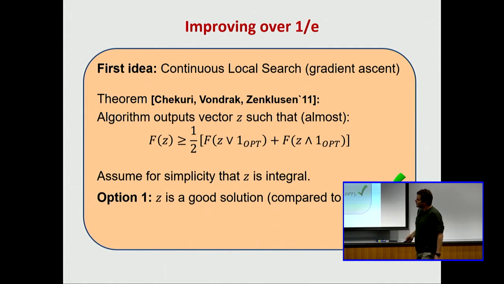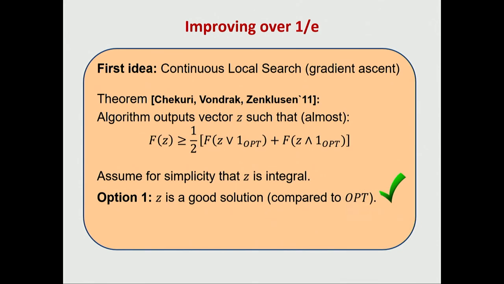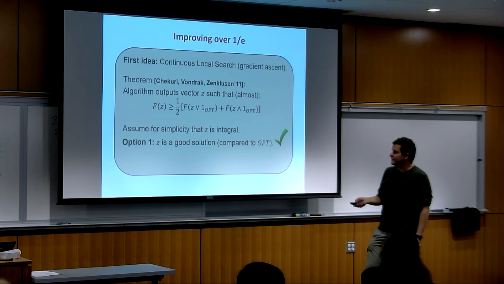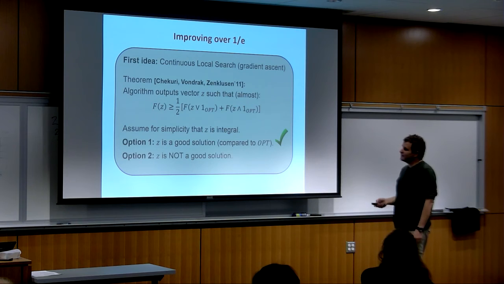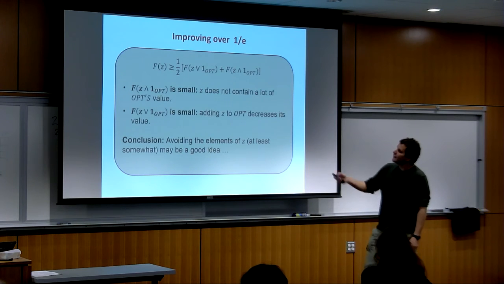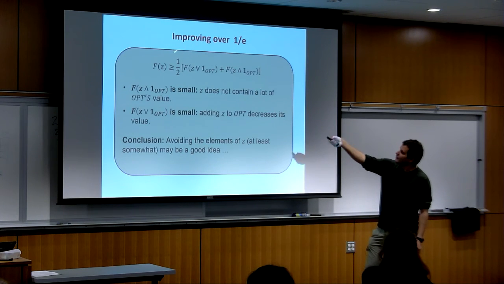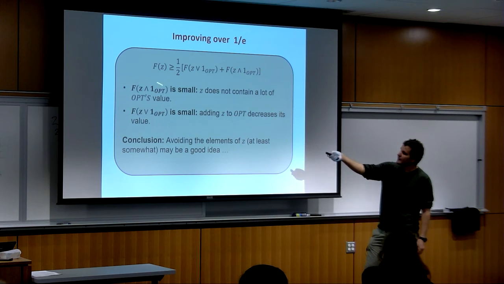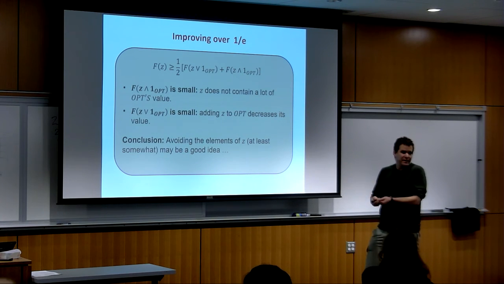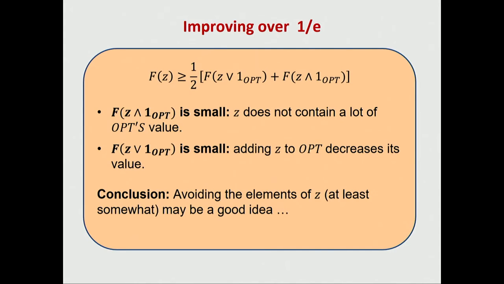This algorithm does not give you a guarantee by itself, but the idea is the following. Either z is a good solution, and if it is, then this is great. Otherwise, what does it mean? It means that this value is small, so z intersection with opt is small. So z, the local optimum, does not contain a lot of opt.